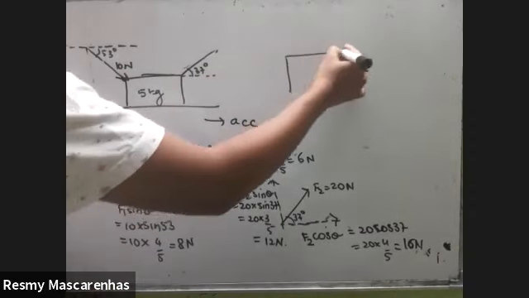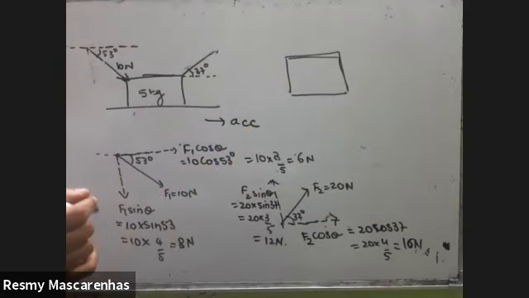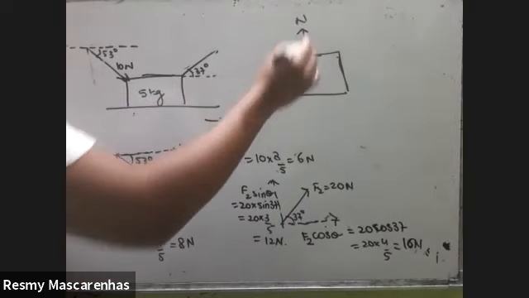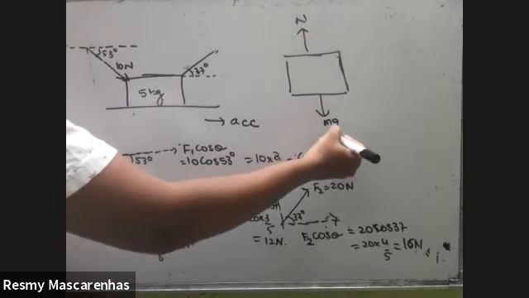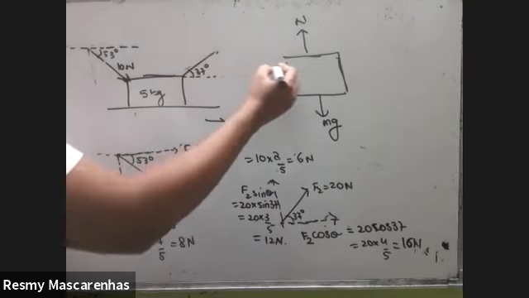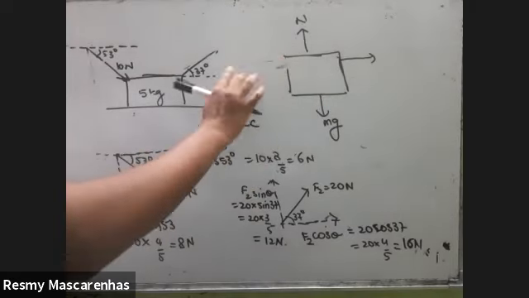See, this is the box. Now look out for all the vertical ones. One is your normal, this is a basic thing. One is your mg. This will be your first thing. Now this is going in which direction? Horizontal direction. Horizontal means either I can mark it like this here, or I can put it here, whichever way, doesn't matter.